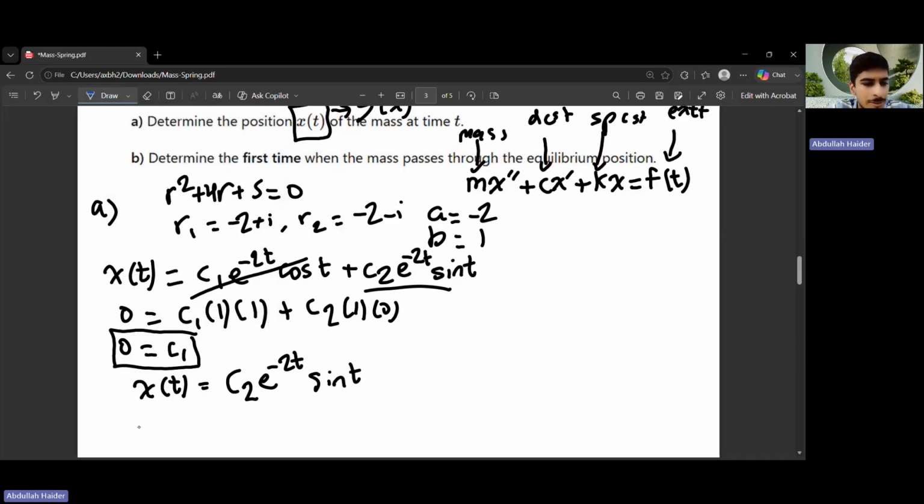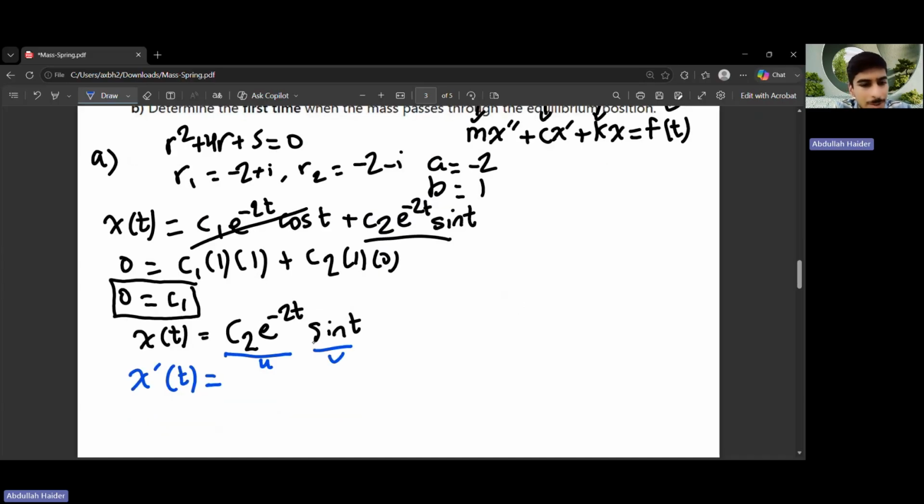Now we can find the derivative. X prime of t is equal to, now note that you need to use the product rule here. Assume this is u, this is v: u prime v plus u v prime. So this will give you minus 2 C2 e power minus 2t sine t plus C2 e power minus 2t cosine t.